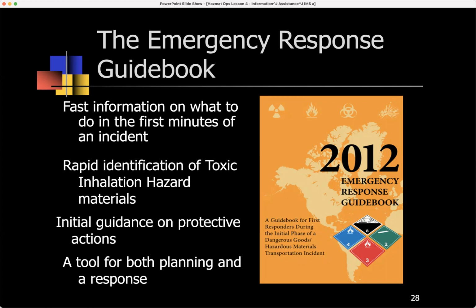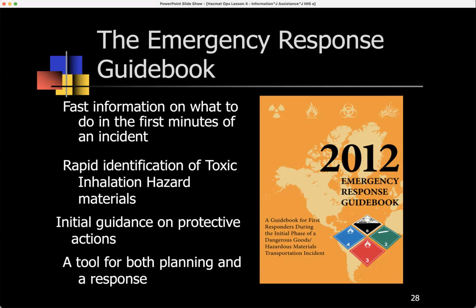So we talked about pre-planning being part of a response agency. If you know that you have an above ground propane tank at a business, or say it's a farming supply place and they have anhydrous or, like I said, propane, that is fixed.